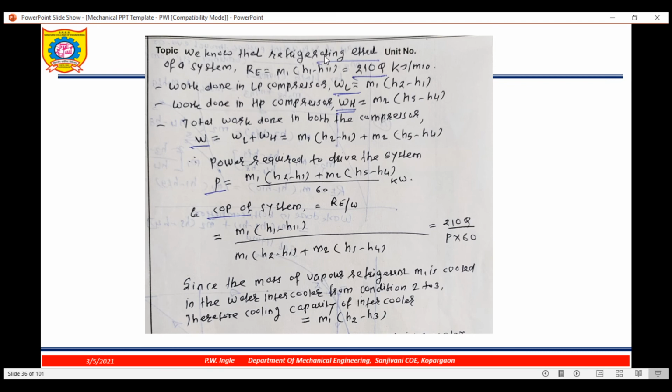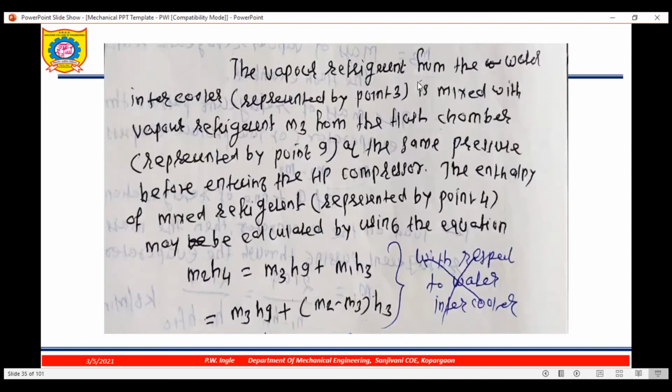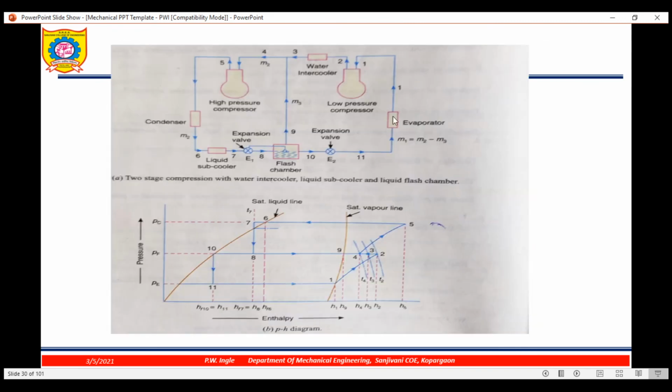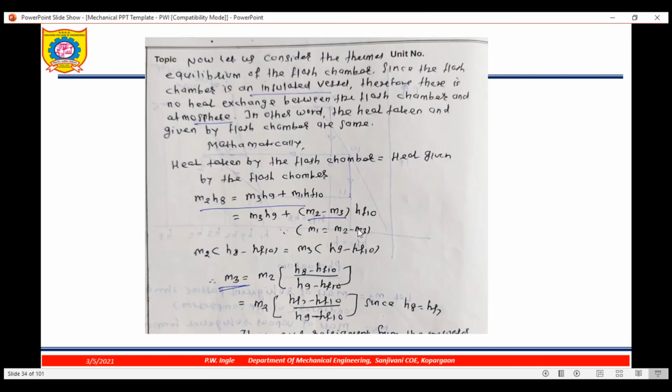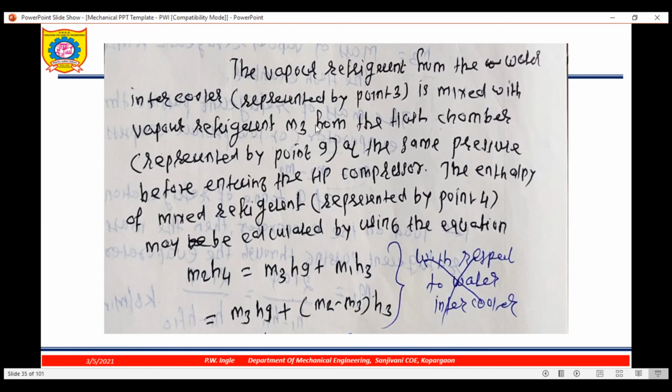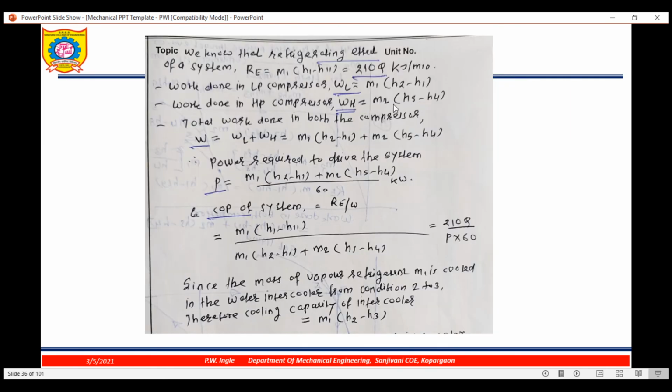So now here the refrigerating effect is M1 into H1 minus H11 because 11 to 1 is the evaporation process, and work done in the LP compressor is M1 into H2 minus H1 because 1 to 2 is what? Isentropic compression in LP. 4 to 5 is isentropic compression in HP, that is the high pressure compressor. So WH is M2 in bracket H5 minus H4.